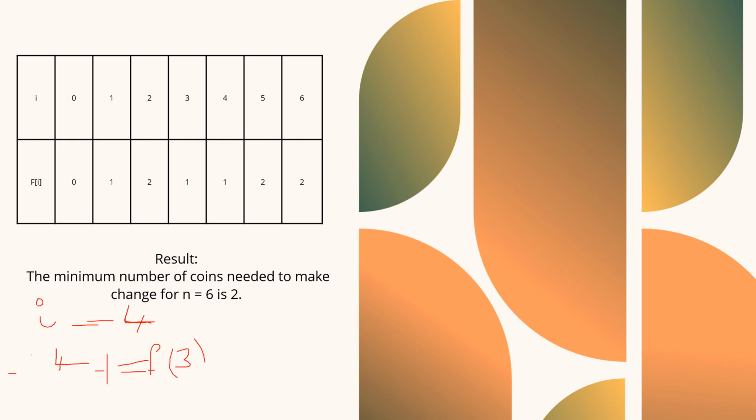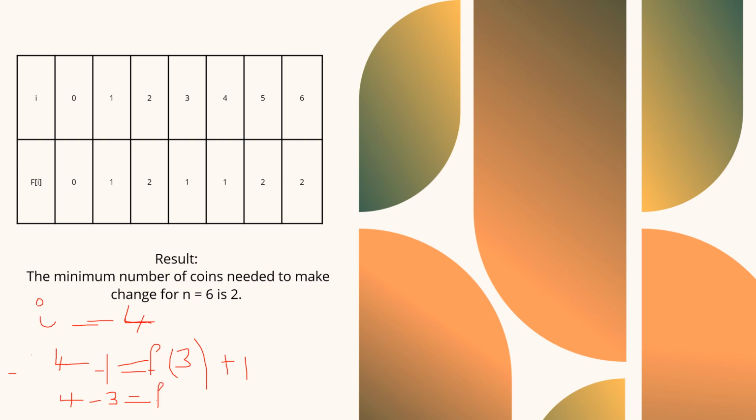We should calculate f of 3 plus 1, and also 4 minus 3 should be calculated, because under denominations we have three values 1, 3 and 4. All of them are less than or equal to 4. That's why we should take all the values into consideration.